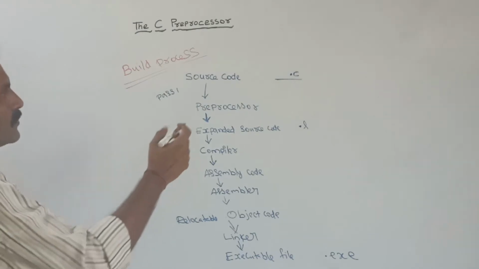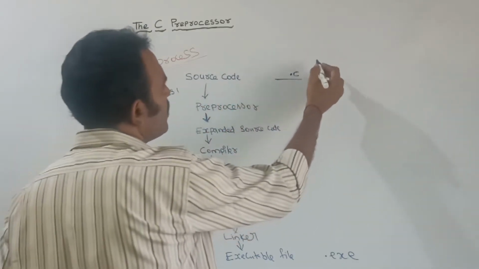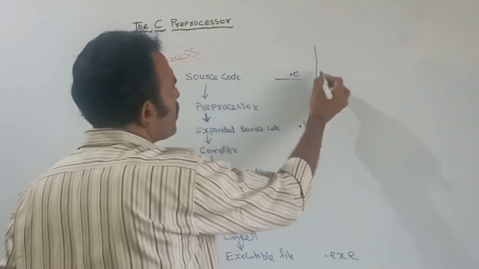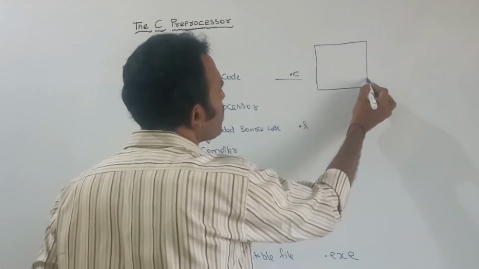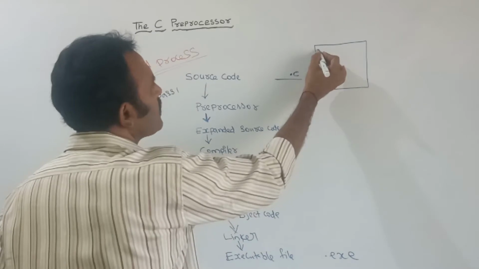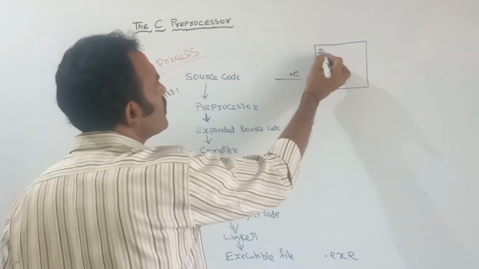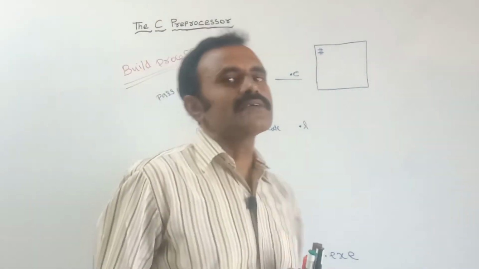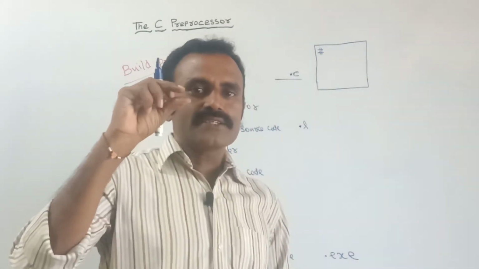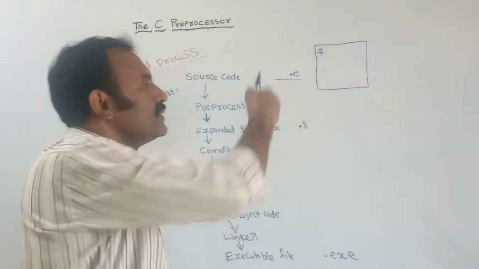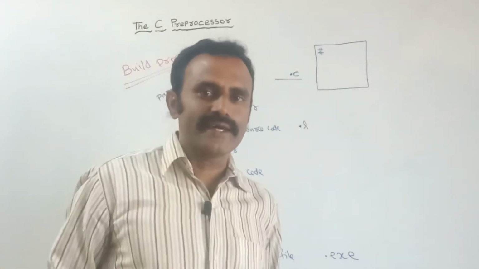Let us assume, suppose you are creating a file here, this is the editor. Here, if you are creating a file, in a C program we will very first use the preprocessor directive. See, a program line which starts with the hash symbol is known as a preprocessor directive.